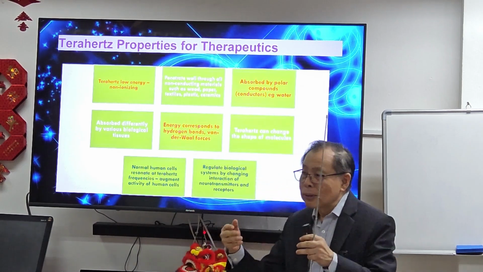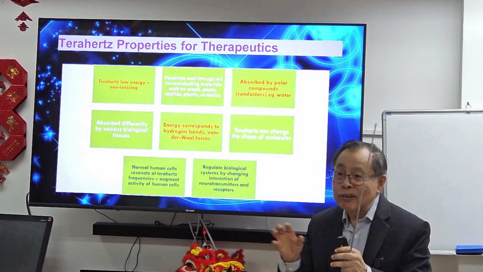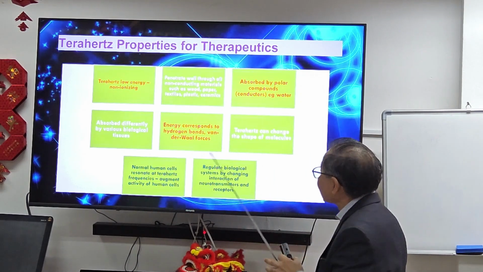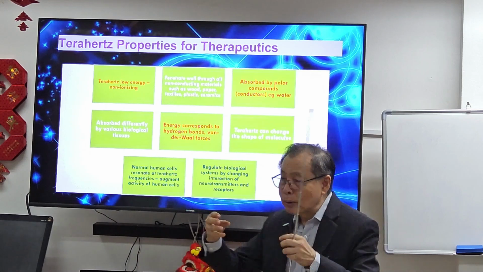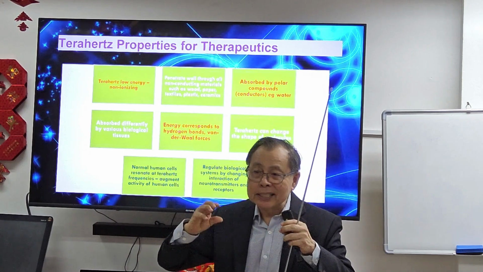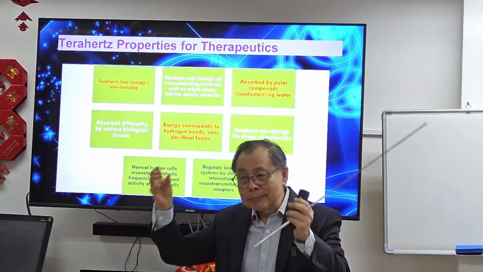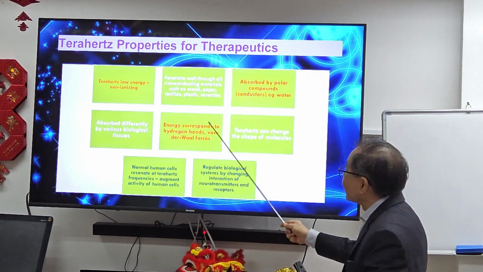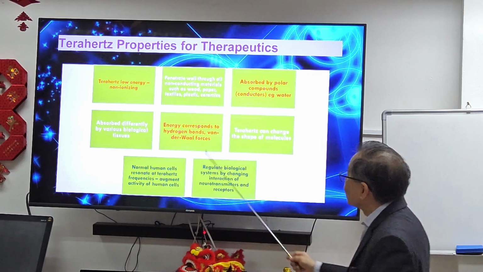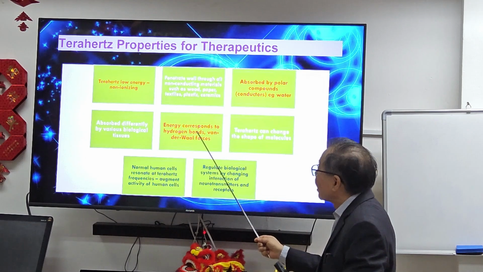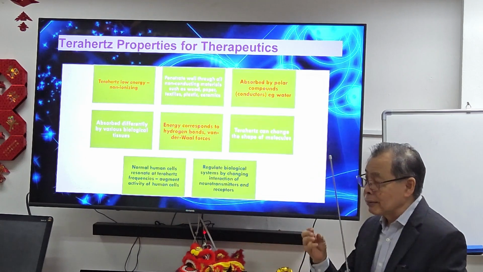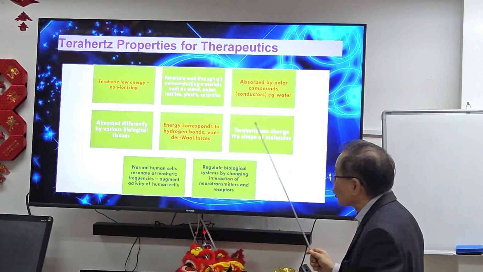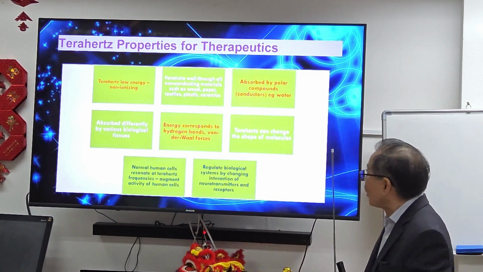The bonds that hold the atoms in a molecule together are very strong forces, right? Covalent bonds. But these are very weak bonds. These are the bonds that hold complex proteins or carbohydrates together. Proteins and carbohydrates are often folded into different shapes, and these are the energies that hold them together. So by virtue of the fact that this energy is affected by TeraHertz, it can change the shape of molecules.